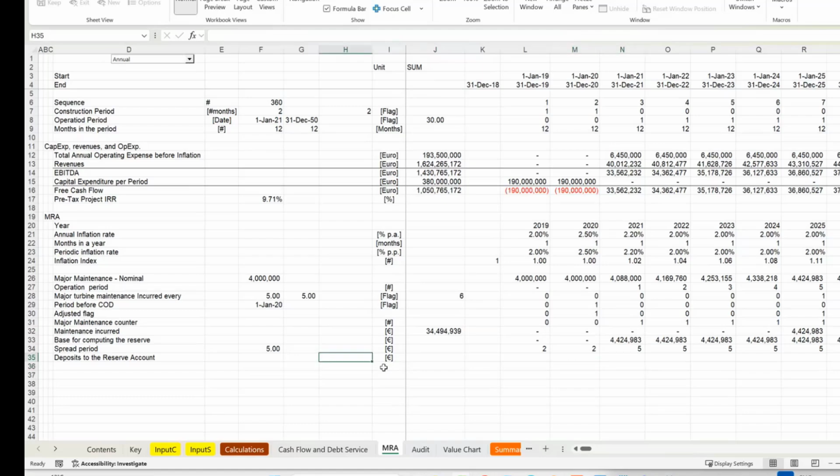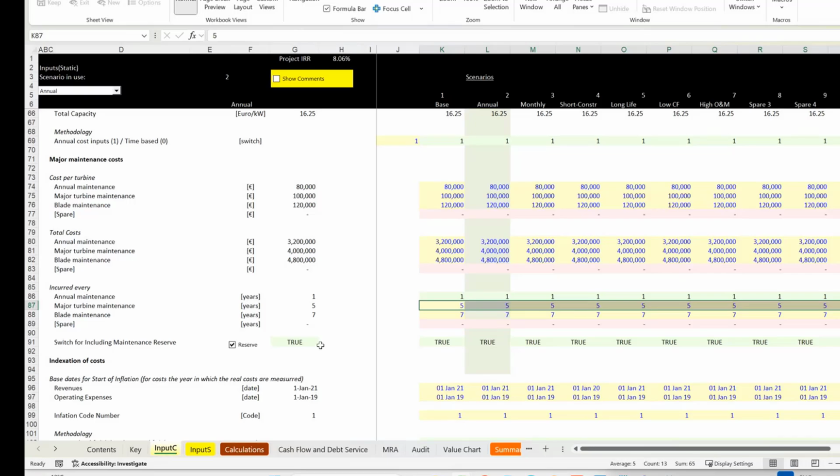So let's make some kind of very simple debt repayment. I don't know where you'd put your debt repayment flag. I know Brian would have to put it in a different sheet. Can you go, Hetty, I forgot what I did in input C with the repayment of the debt.